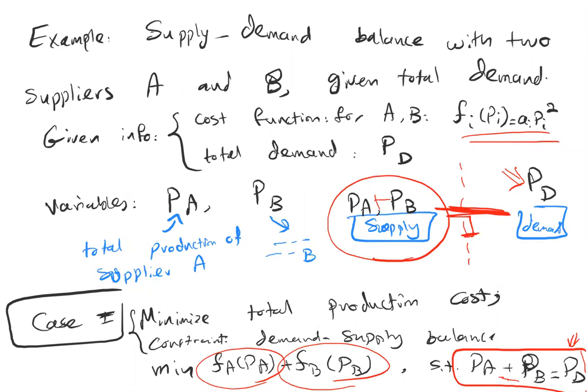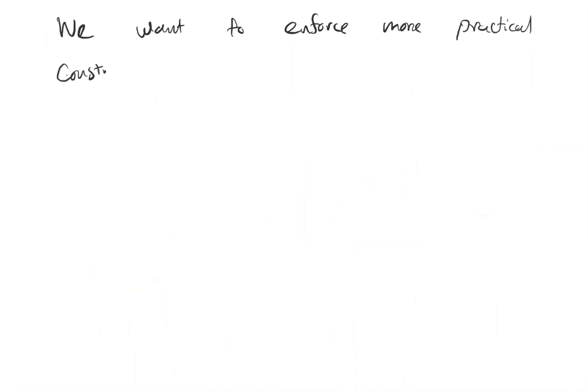Now let's look at another instance of the same problem. In this case, we want to enforce more practical constraints. So what's our constraint here?